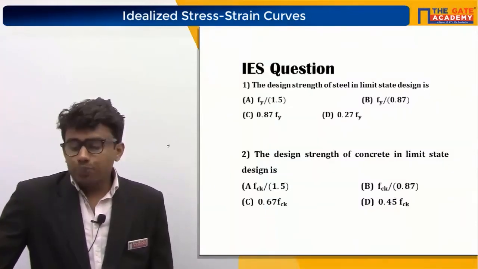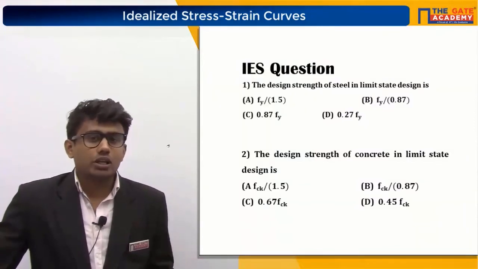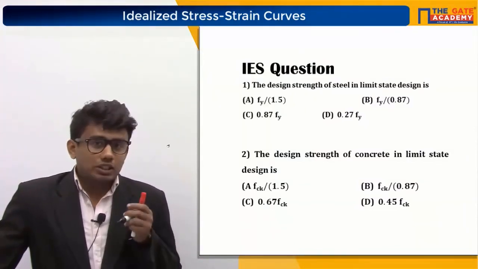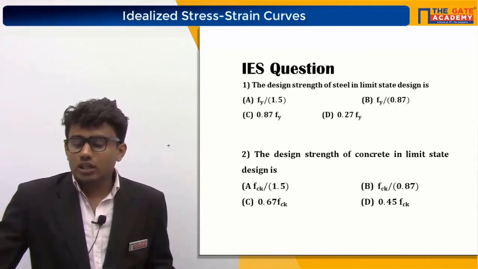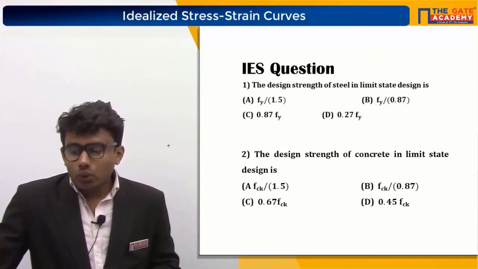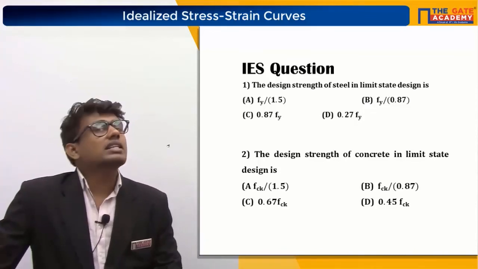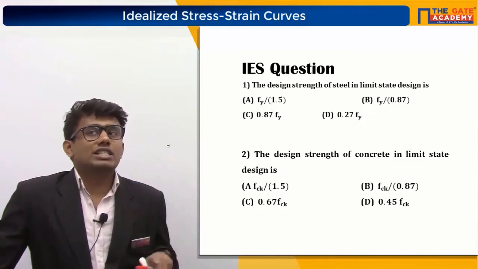And for question 2, the design strength of the concrete as per limit state of design. Without looking at the options, you are going to give me the answer. As per our limit state of collapse flexure, the design strength of the concrete will be equal to 0.45 FCK. Listen, there is 0.67 FCK also there in the options. What is 0.67 FCK?